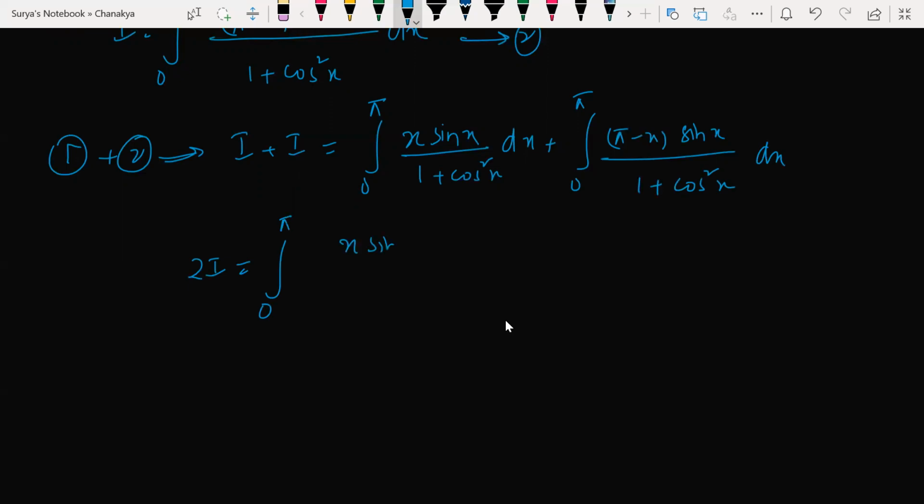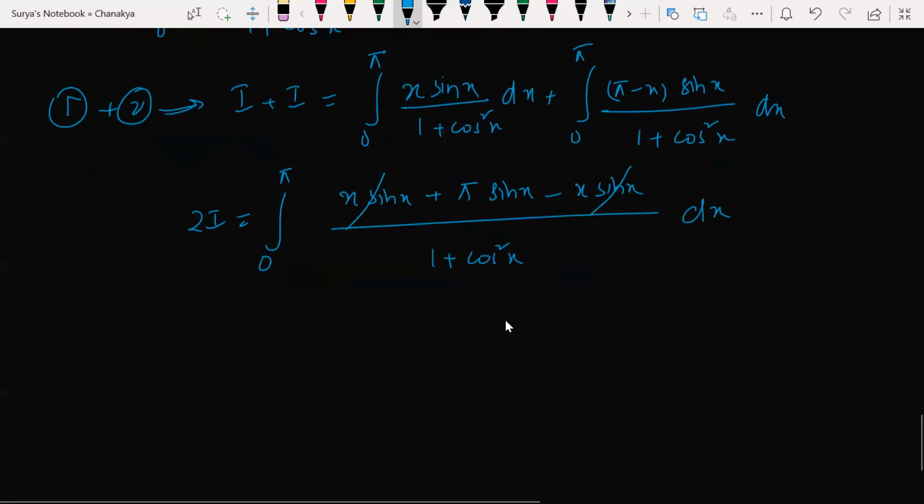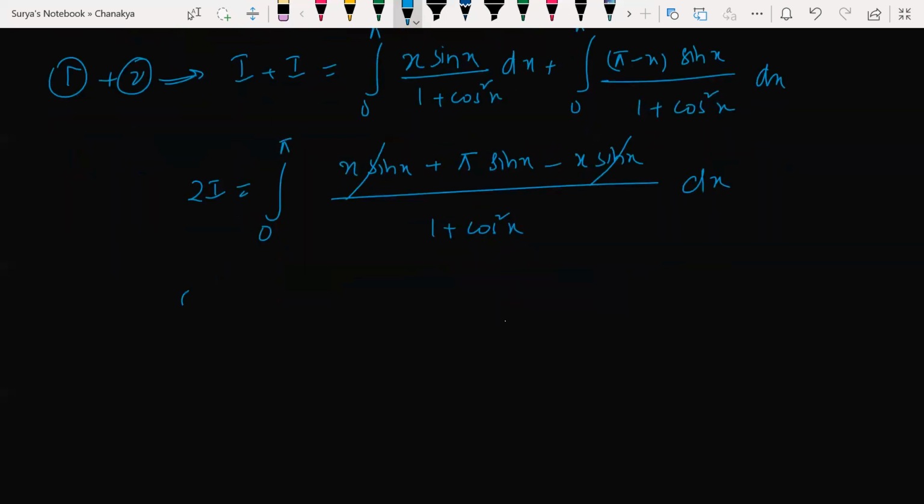Now x sin x plus pi sin x minus x sin x, divided by 1 plus cos square x dx. The x sin x and minus x sin x get cancelled. So what are we left with? 2I is equal to the integral from 0 to pi of pi sin x divided by 1 plus cos square x dx. Correct?